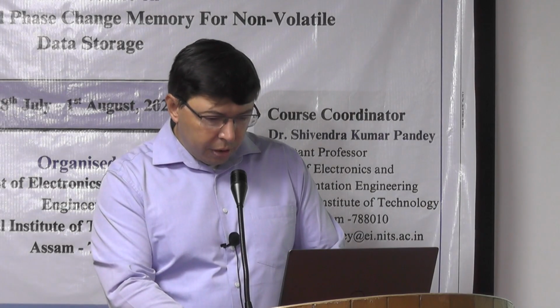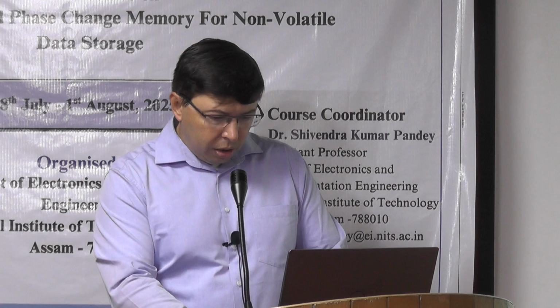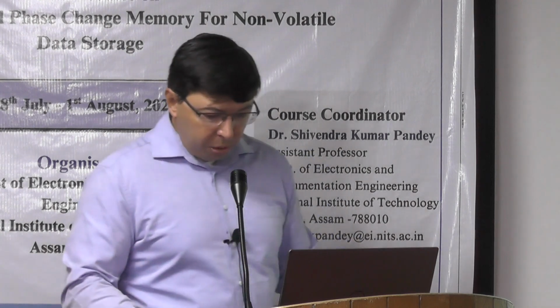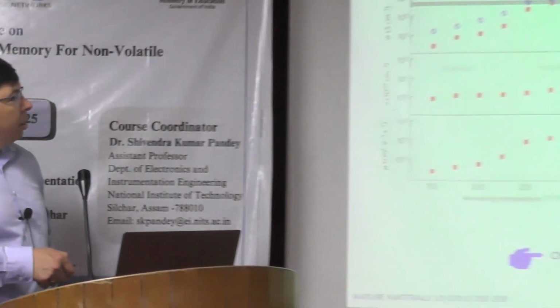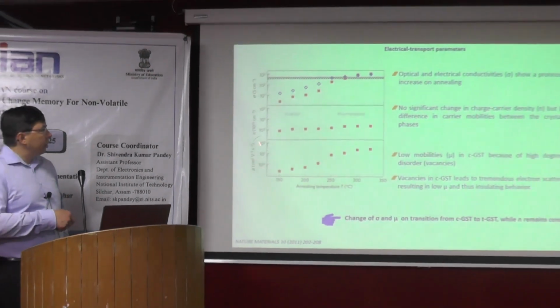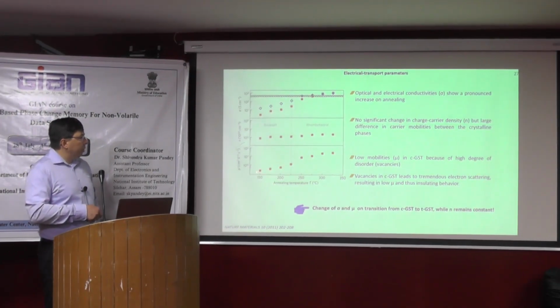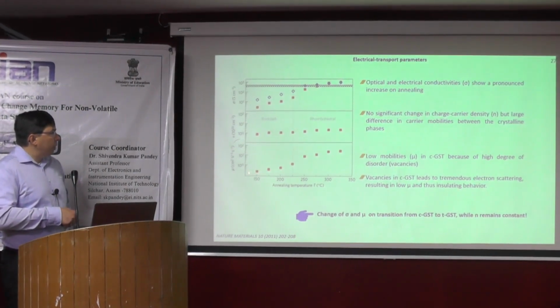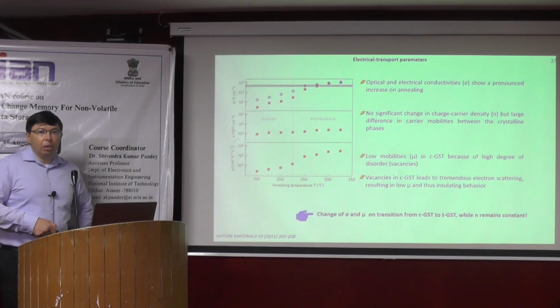I think this is the experimental data. You see here the mobility μ and these values, and for the non-metal it shows very low mobility, less than 1, and here it goes more than 10 for metallic.